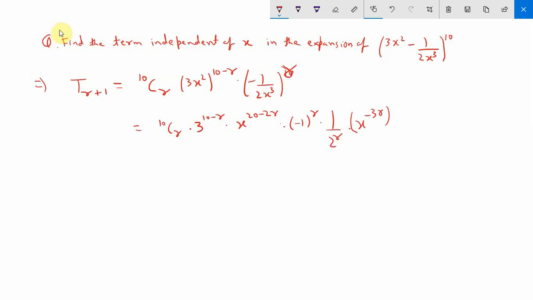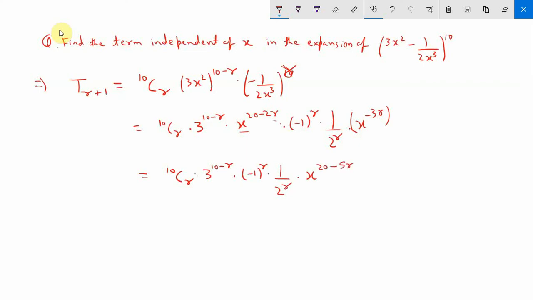See, we will combine all x in a single term. So 3 to the power 10 minus r into minus 1 to the power r, 1 by 2 to the power r, into x to the power 20 minus 2r minus 3r. So 20 minus 5r.